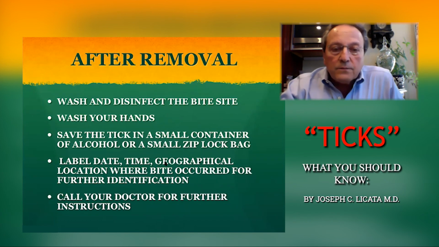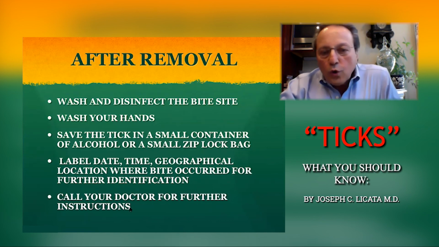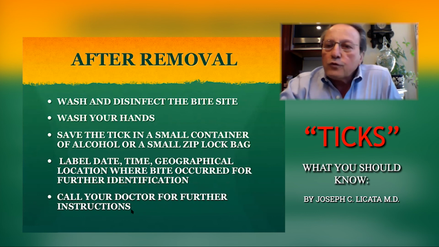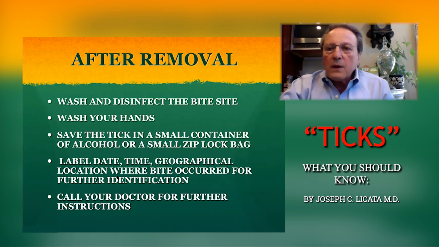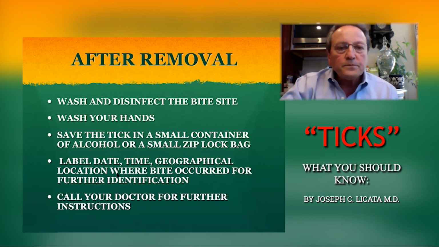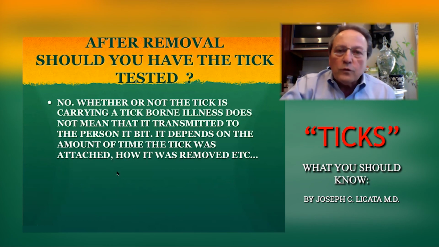You label it, put the date, time, and geographical location where the bite occurred, and you use this for further identification. And you should call your doctor for further instructions, as they may have a particular way that they want you to handle the situation.